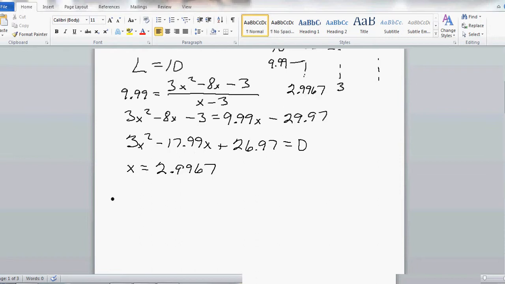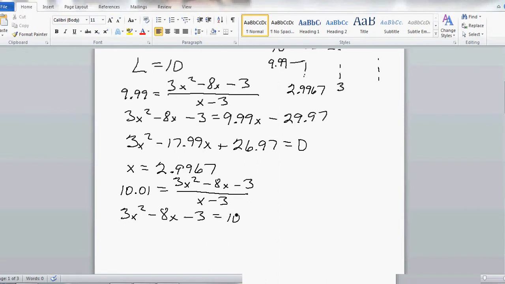And then we can do the same thing for the 10.01. 10.01 equals 3x squared minus 8x minus 3 all over x minus 3. Multiply both sides by x minus 3, and that equals 10.01x minus 30.03.